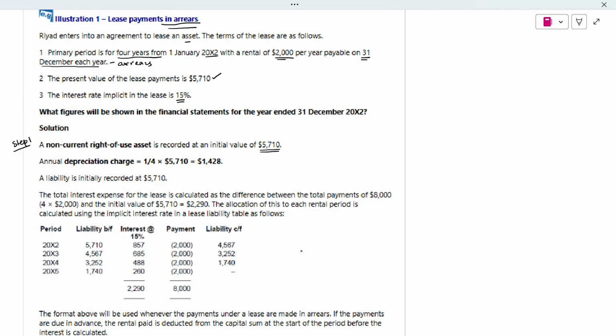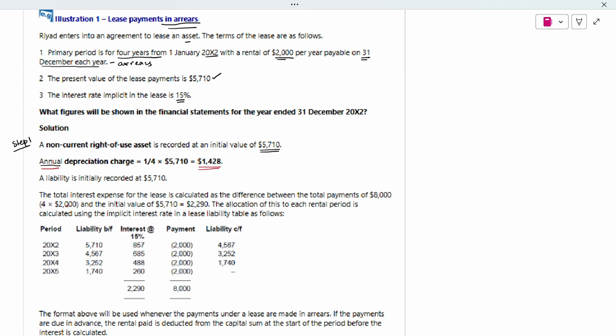For how many years have we taken it? We have taken it for 4 years, so we calculate the annual depreciation. 5710 divided by 4 comes to 1427.5. Are you clear about this?